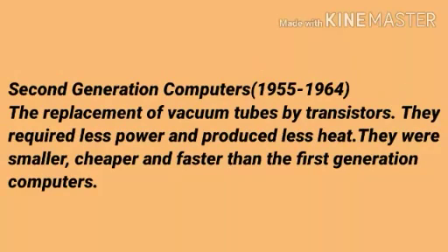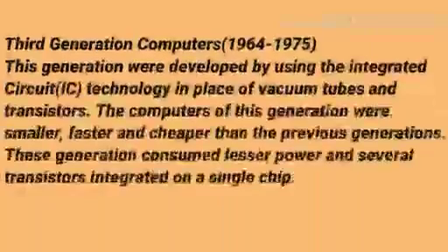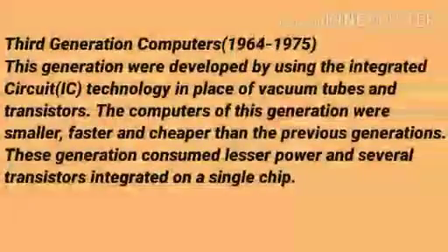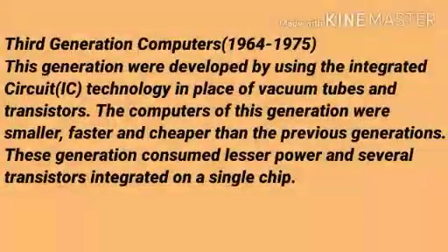Second generation computers, from 1955 to 1964. In this generation, vacuum tubes were replaced by transistors. They required less power and produced less heat. They were smaller, cheaper, and faster than the first generation computers. Third generation computers, from 1964 to 1975.